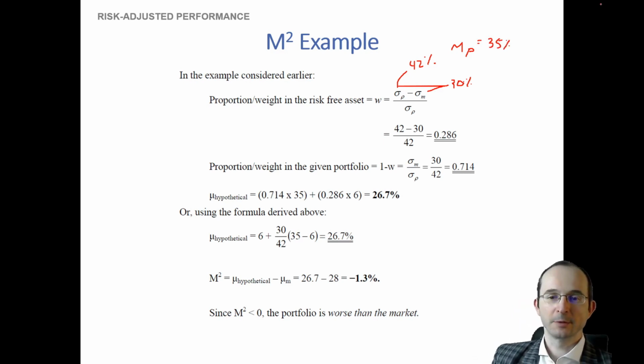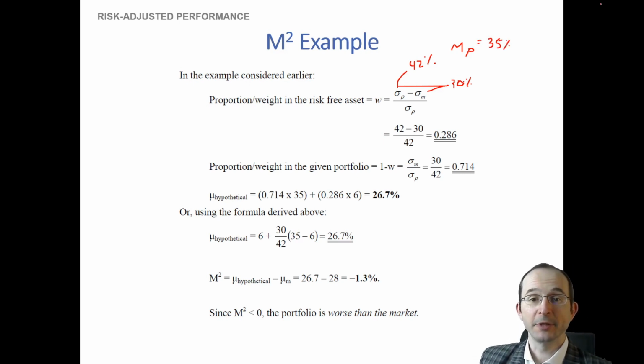as risky as the market? Well, even before we do any math, we know that we will have to assign a positive amount to the risk-free asset, because right now this portfolio is more risky than the market. And what we have to do as part of this M2 calculation is create a hypothetical portfolio that is just as risky.